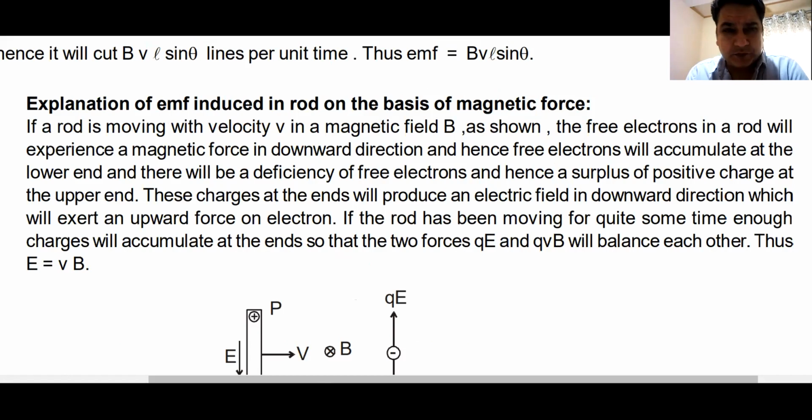So basically, why does this induced EMF come when you move a conductor in a magnetic field? It can be understood on the basis of the magnetic force.